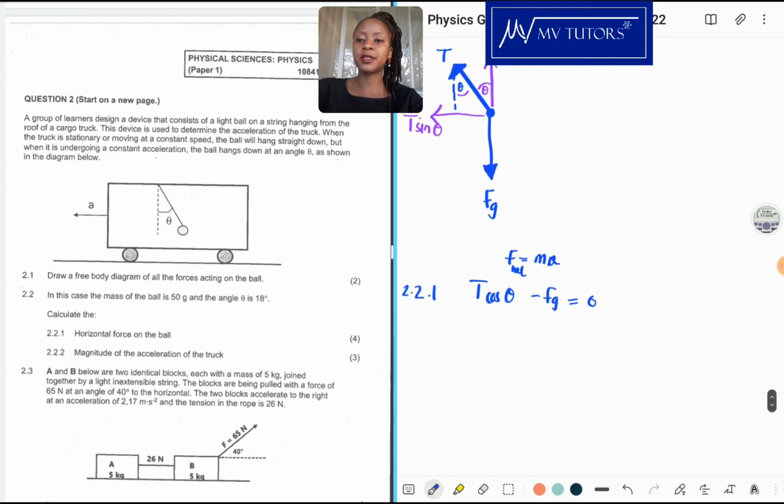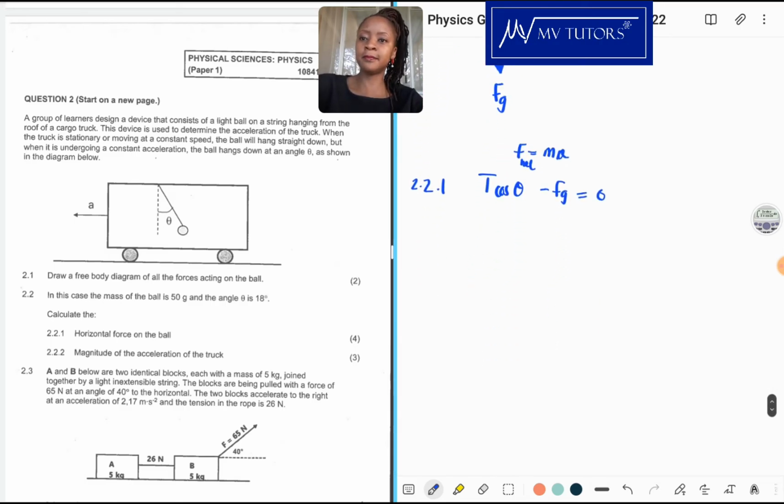So there's no acceleration. Therefore T cos 18, because they told us theta is 18, equals FG, that's basically your mass times gravitational acceleration. Your mass is 50 grams, so you can say 50 times 10 to the power negative 3, because you're working in kilograms, times 9.8. So therefore T is equal to all of that divided by cos 18.